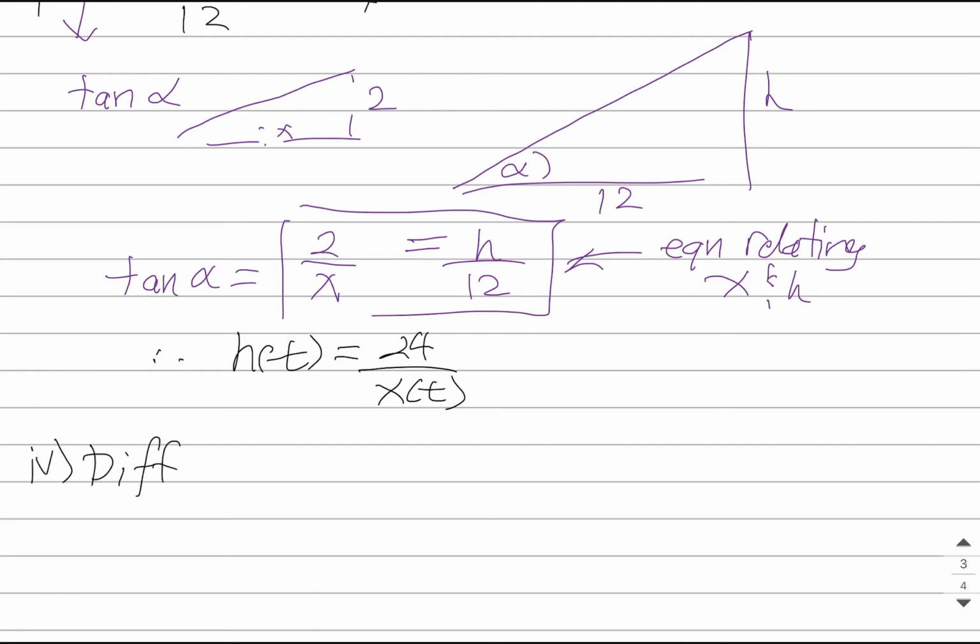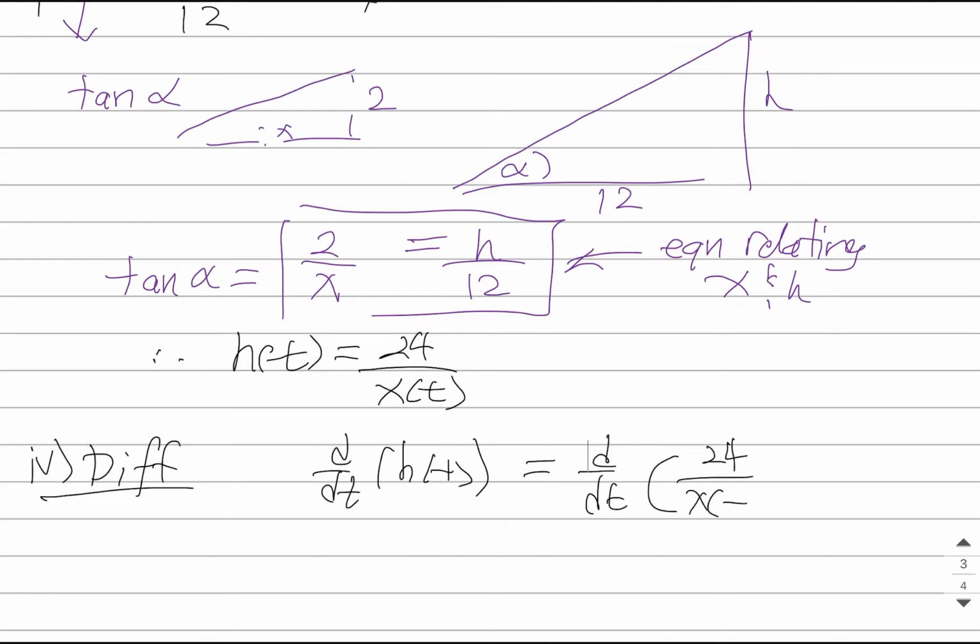for this particular situation. So if we want to relate the rates, which is what the question is asking us for, now what we need to do is take a derivative of both sides. On the left, it'll be straightforward, h prime of t, and that's the thing that we're looking for. But on the right, what we're going to need to do is just use the chain rule.